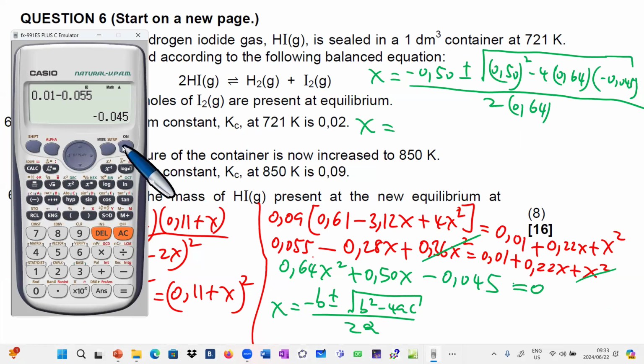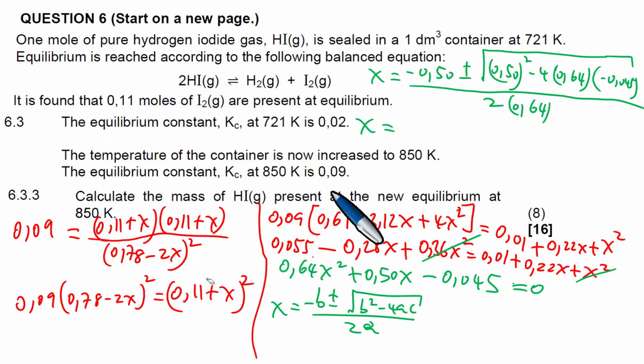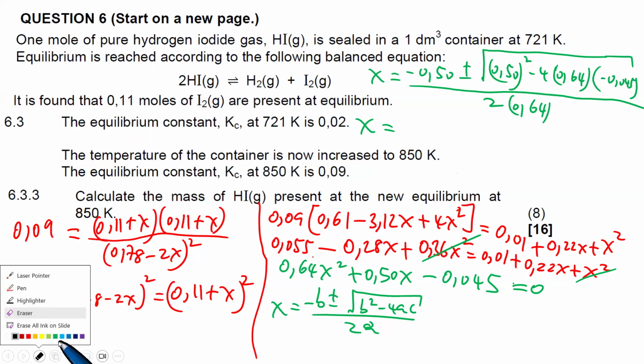Under the square root, we have 0.5 squared minus 4 times 0.64 times negative 0.045, which is 0.3652.